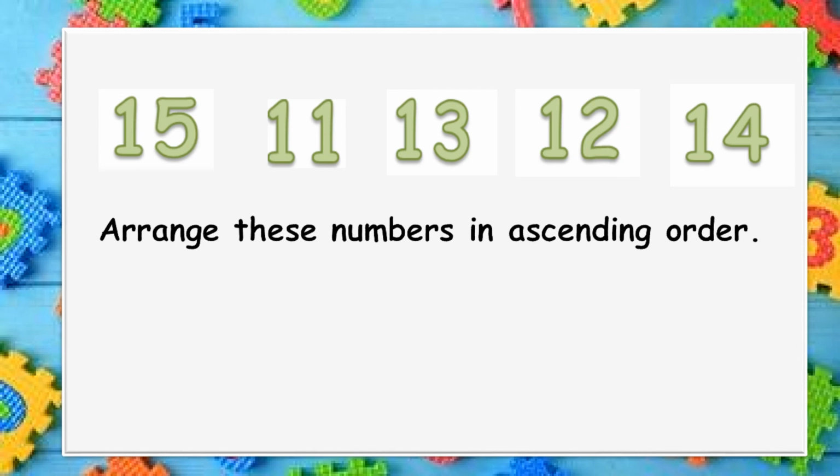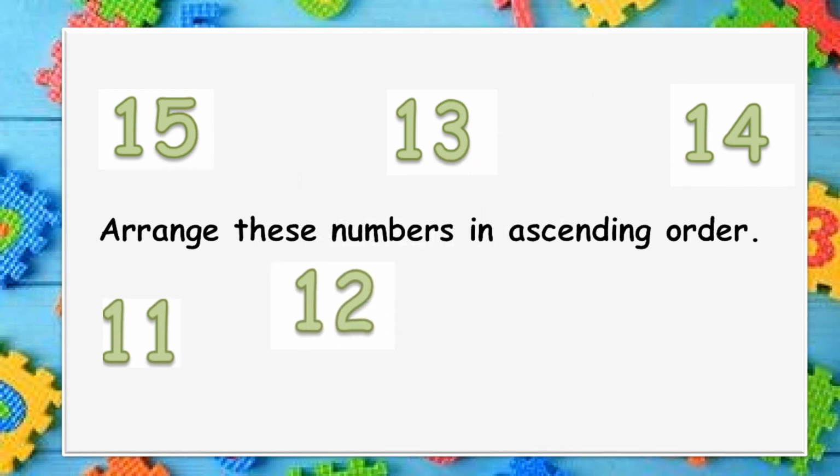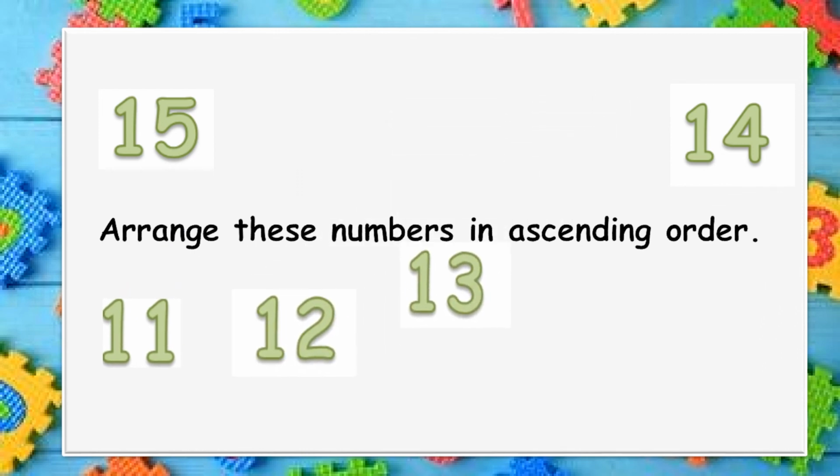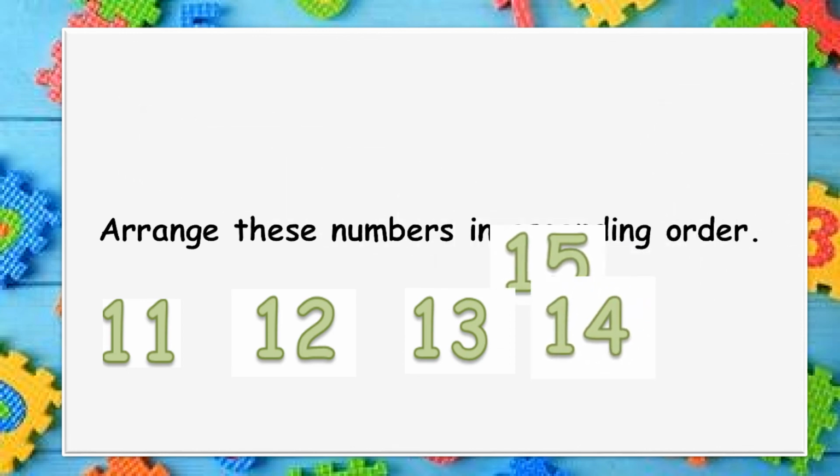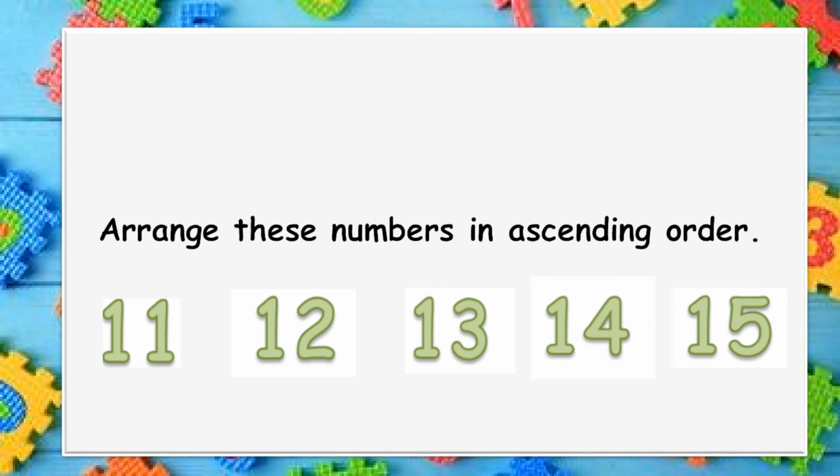What will come after 11? Yes, 12. Then 13, 14, 15. Very good, children. So 11, then 12, 13, 14, 15. So this is ascending order of numbers 11 to 15.